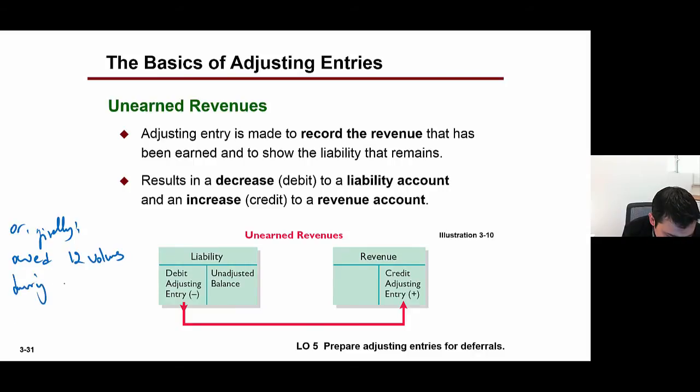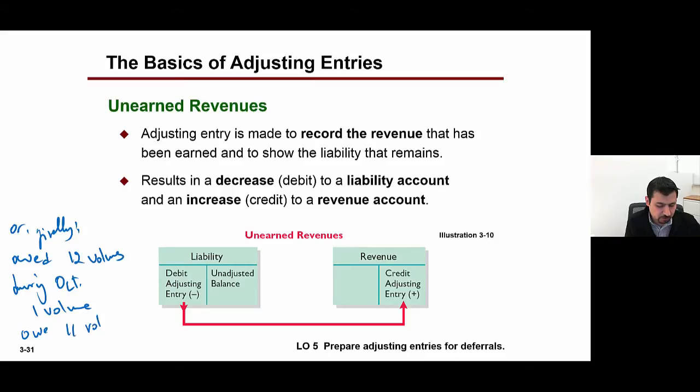During October, they delivered 1 volume. So now the company earned 1 volume. And how much do they still owe? Now they owe 11 volumes.